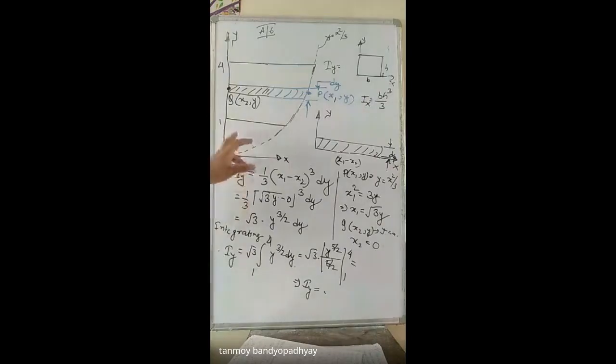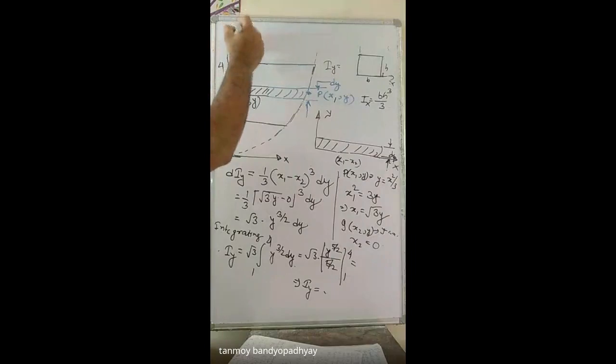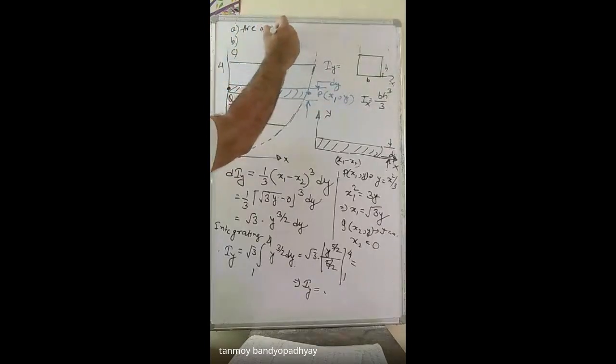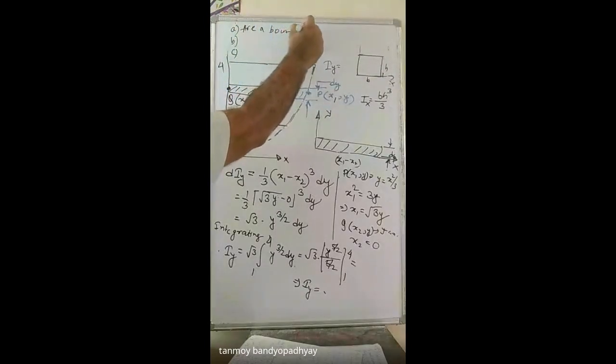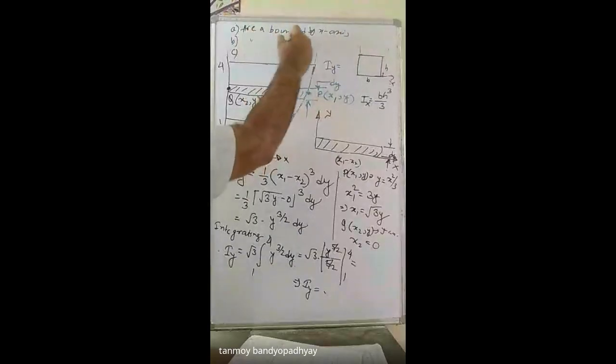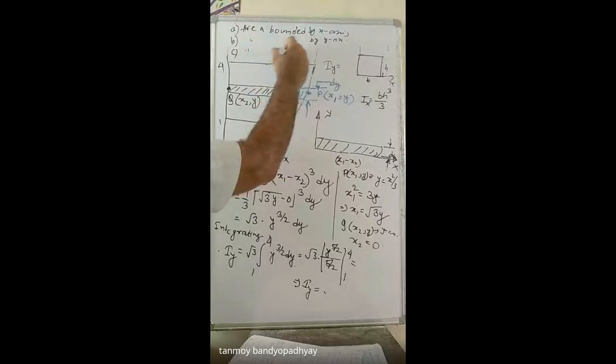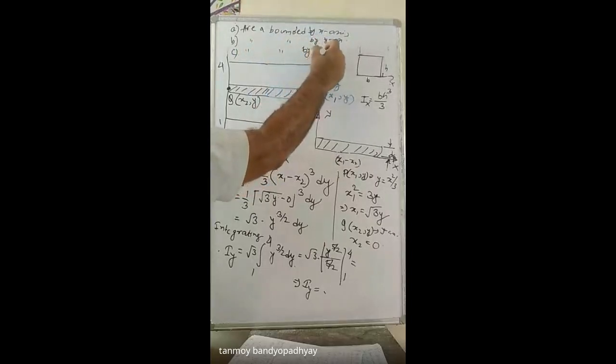So this was the problem, a case structure. So this is case number 1. Just write this down. You have to differentiate the problems. We have discussed there will be 3 cases: one is the area bounded by the x-axis, then the area bounded by the y-axis, and then the area bounded by 2 curves.